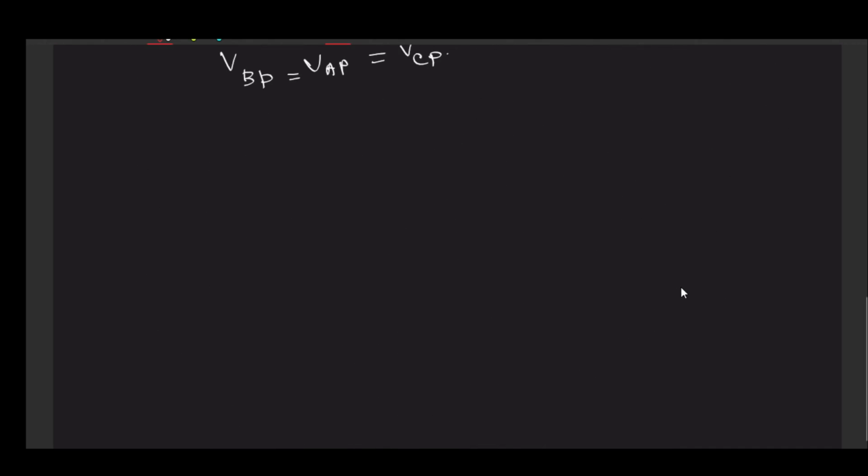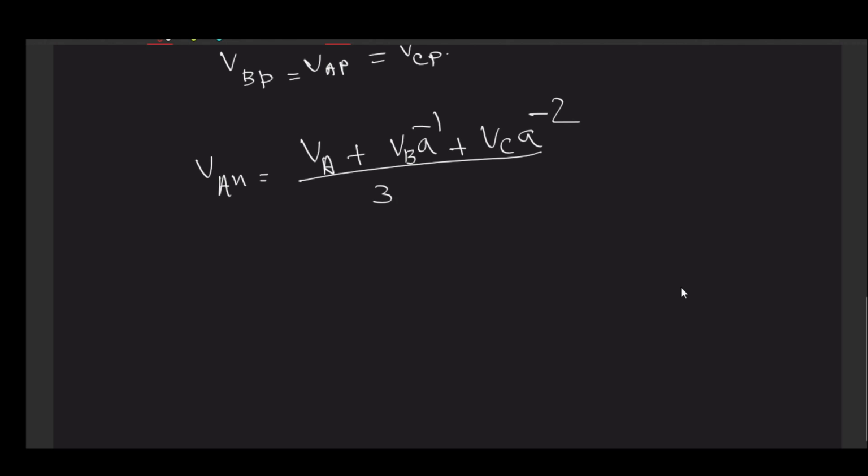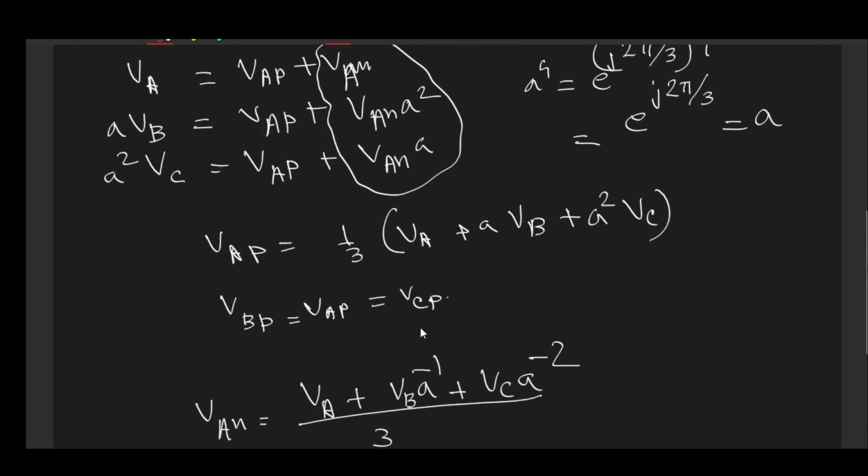So what will be the change with VAN? VAN will be 1/3 of VA plus VB A inverse plus VC A to the power minus 2. So you can understand here that it is all A square, and here it is A inverse, A square, right? So this is the case.